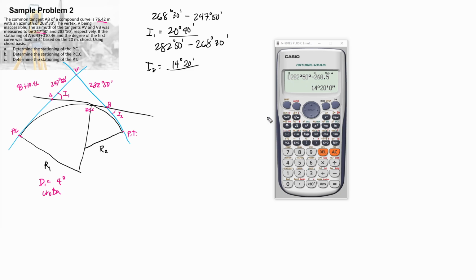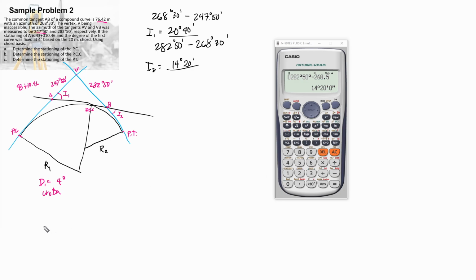Given tayo nung deflection angle nung first triangle, siguro yung mas malaki. So, gamitin natin yung knowledge na yun. Pero yung degree of curvature na binigay niya is chord basis.